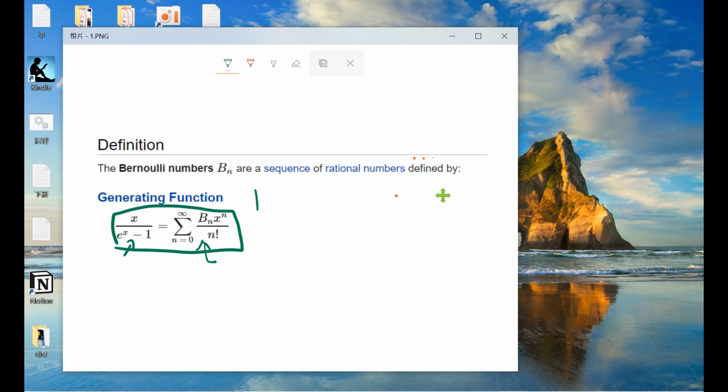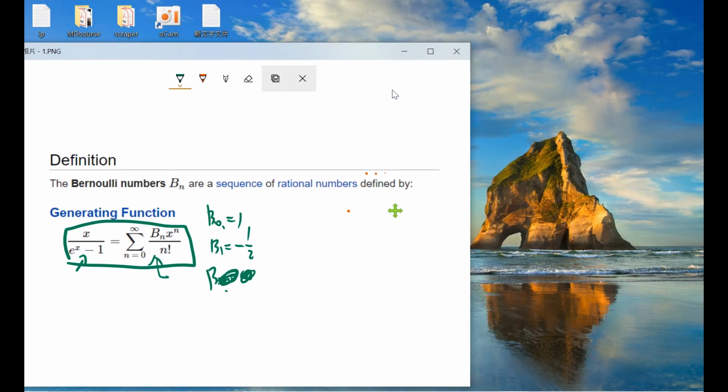So you can compute b0 is 1, b1 is minus half, b2 is 0, and keep going. I guess b2 is not 0. Maybe I need to check, but you can just write the expression down.